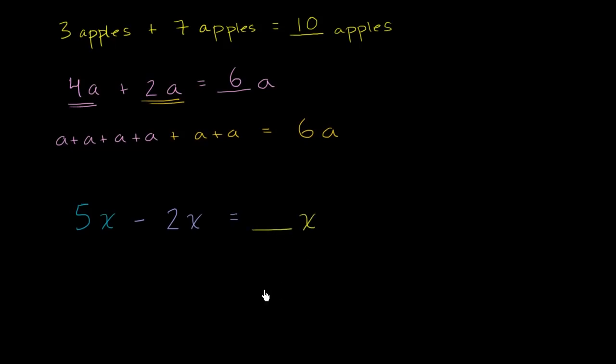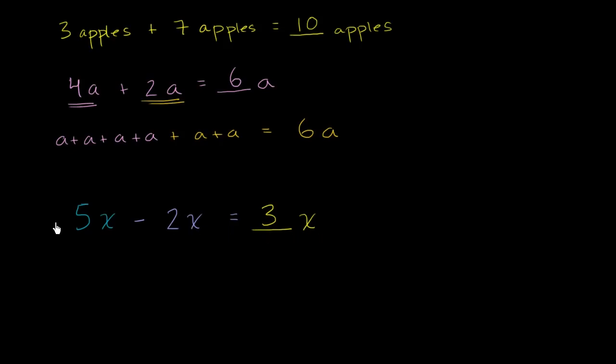So it's essentially 5x minus 2x is going to be what times x? Once again, I'll give you a few seconds to think about it. Well, if I have 5 of something and I subtract 2 of those away, I'm going to have 3 of that something left. So 5x minus 2x is equal to 3x.